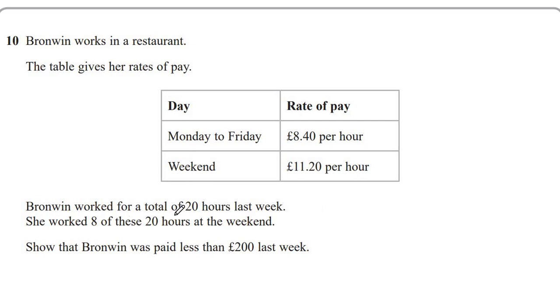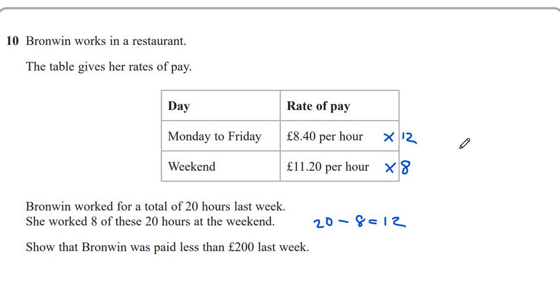So she works for a total of 20 hours, and 8 of these 20 hours are at the weekend, so that means you need to multiply that by 8, and so she must have worked the remaining hours during the week. So the remaining hours is 12. So that should be times 12. That should be the pay during the week from Monday to Friday.